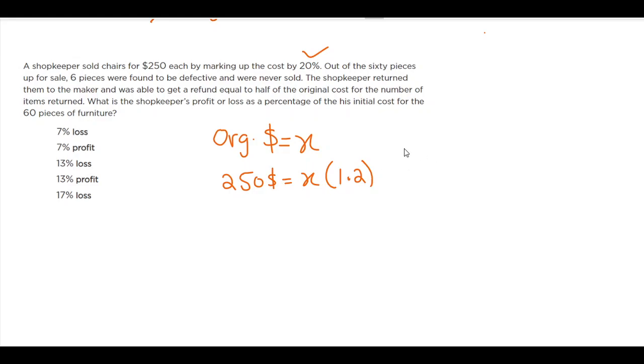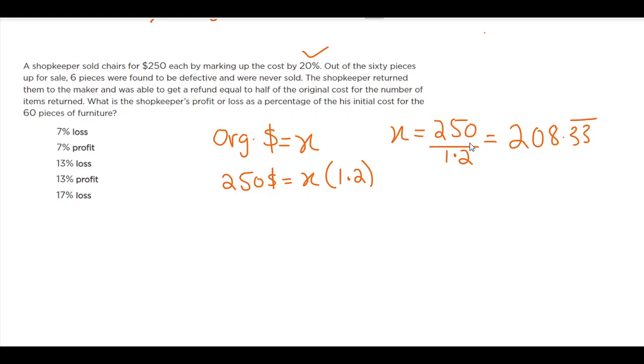And therefore, X is 250 divided by 1.2. I'm just going to use my calculator here, no need to get super fancy. Oops, getting a crazy fraction, which is 208.33 with a continuous repeating pattern.